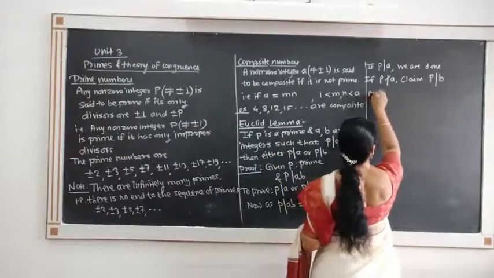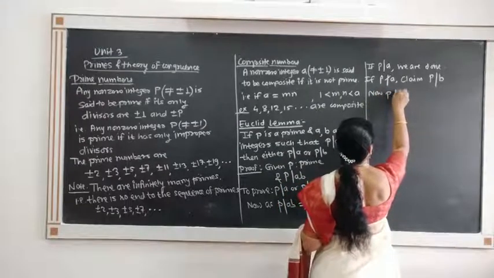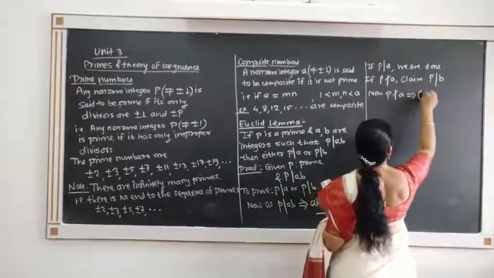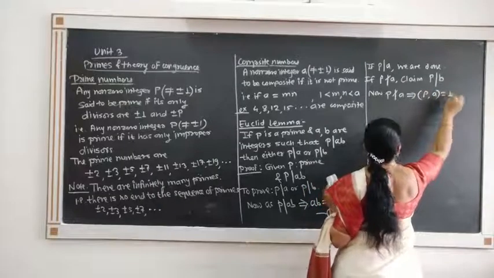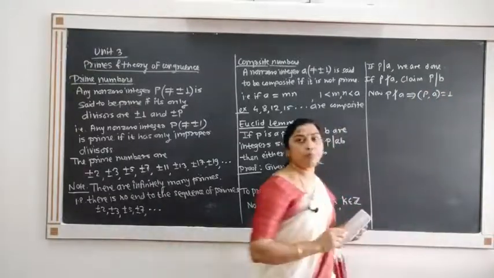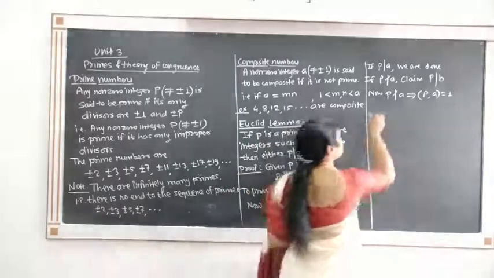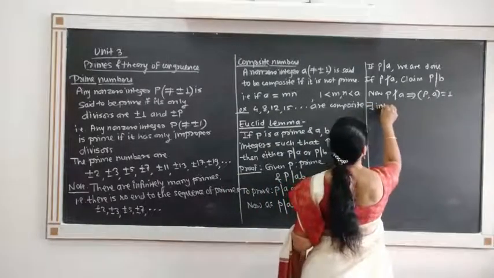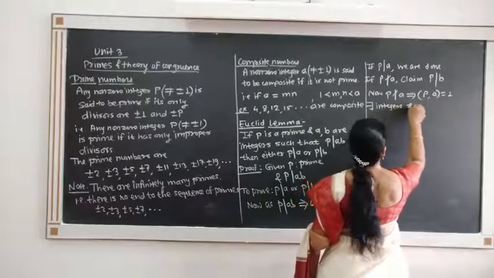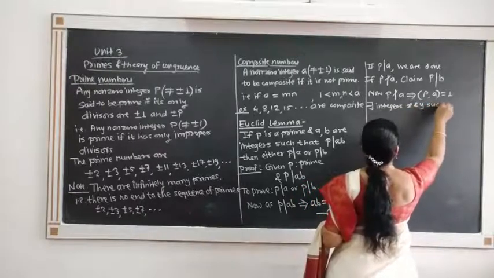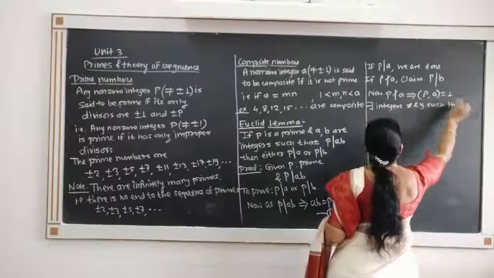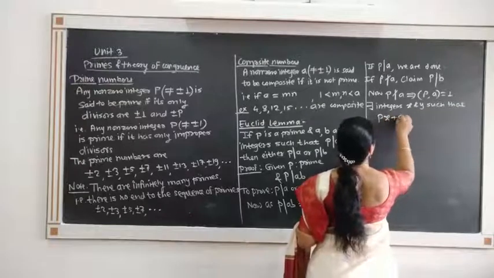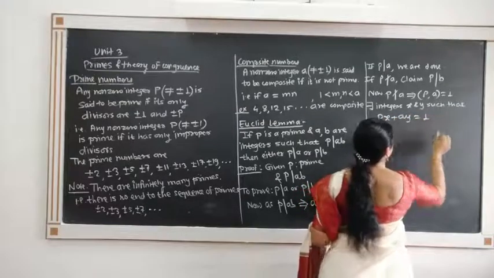Now p does not divide a means that GCD of p and a is 1. And because GCD of p and a is 1, there exist integers x and y such that px plus ay is equal to 1.